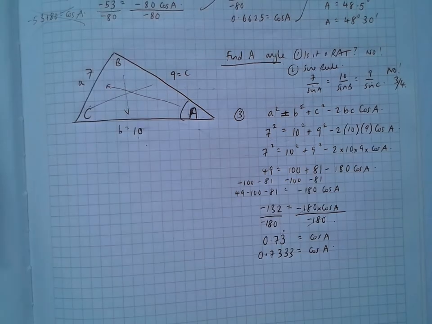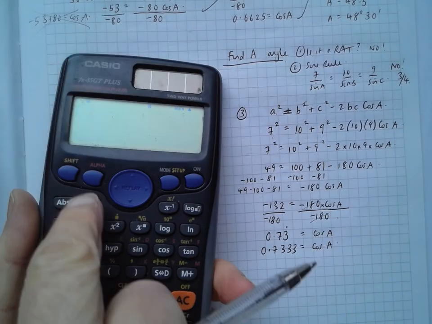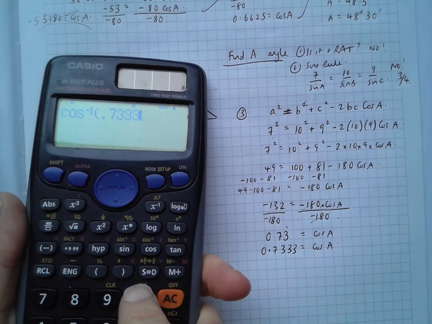So I'm going to do shift cos 0.7333 equals 42.83 degrees.